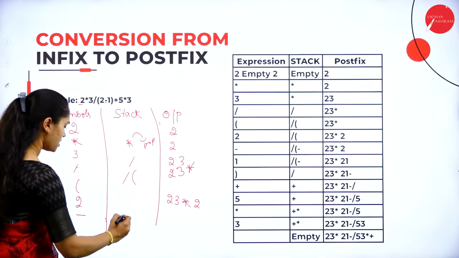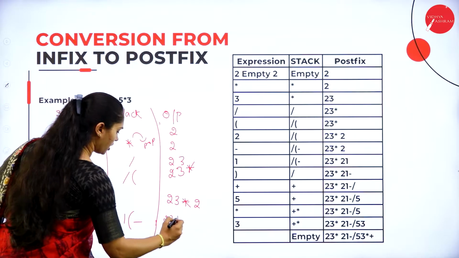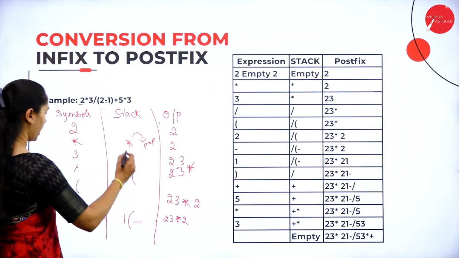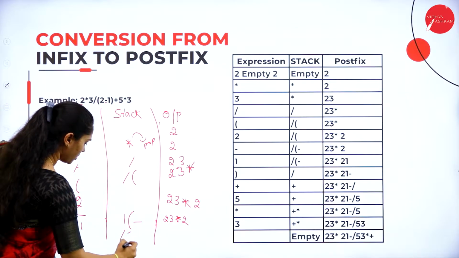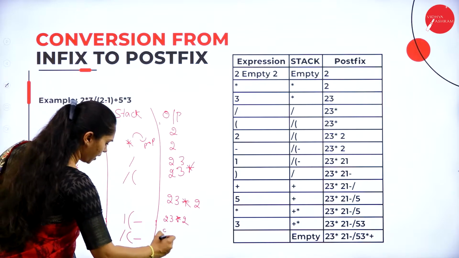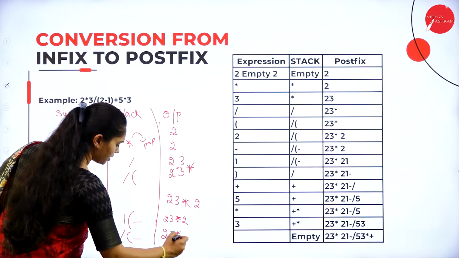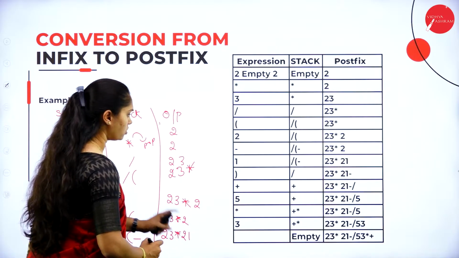So minus can be placed here, and the output will remain the same, 2, 3 into 2. Then we have an operand called 1. So here in the stack, divide, opening parenthesis, minus. As it is an operand, it needs to be stored in the postfix expression. So it will be 2, 3 into 2, 1.